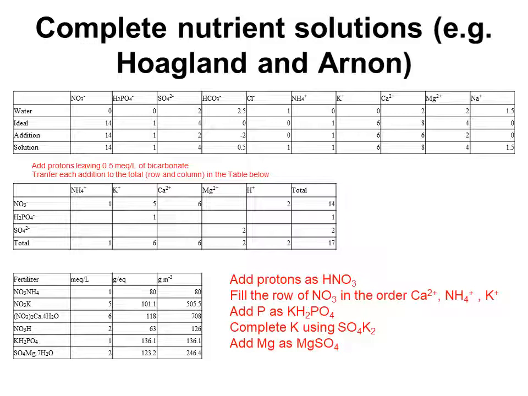For phosphate, we would need to add 1, and so on. 2 for sulfate, -2 for bicarbonate. What is the meaning of -2? Well, -2 means that we will be neutralizing using an acid. And in general, to produce a Hoagland and Arnon, we will use nitric acid.